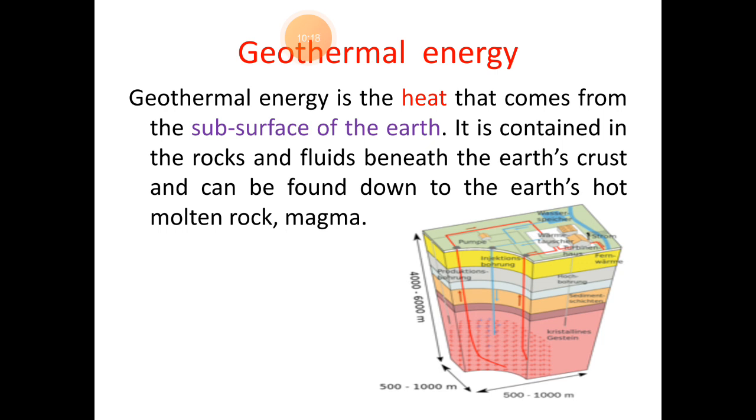What is this geothermal energy? When we look into the organization of the earth, it has rocks and fluids below the earth's crust, and a very hot molten rock called magma is seen in its inner core, which is present at a depth of 4,000 to 6,000 meters.